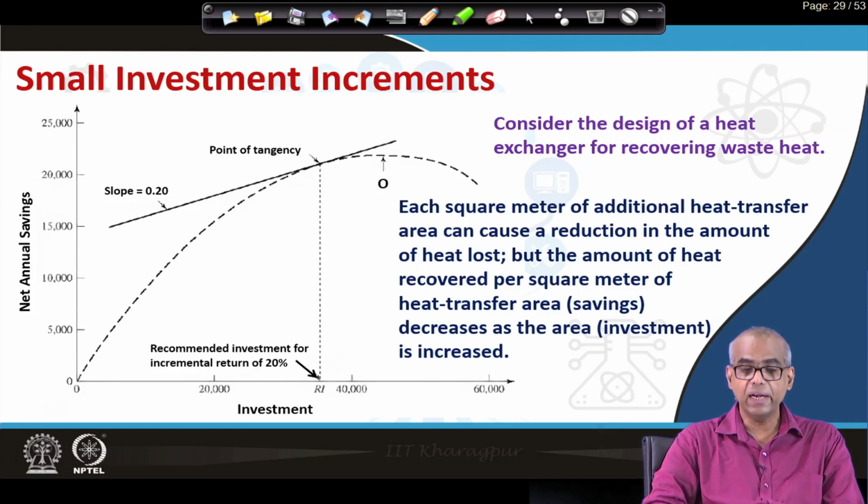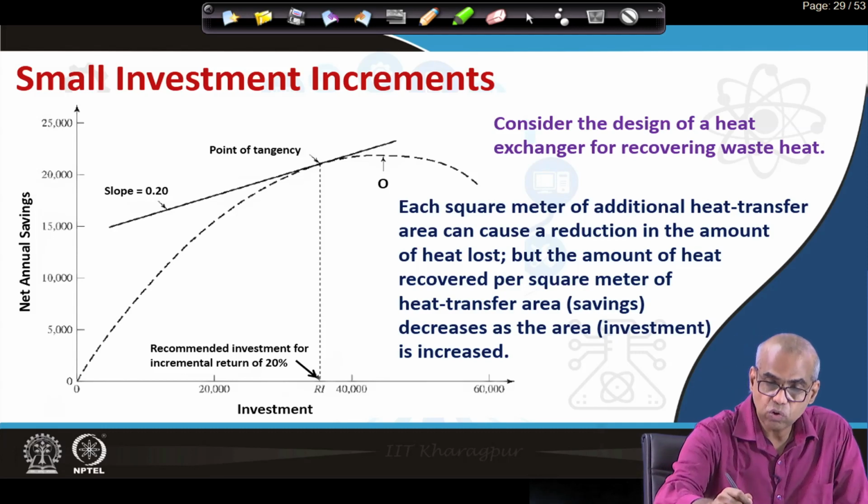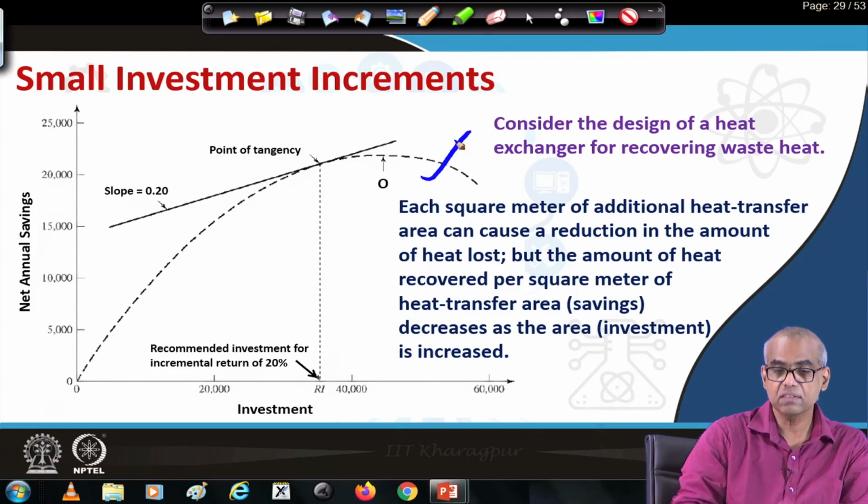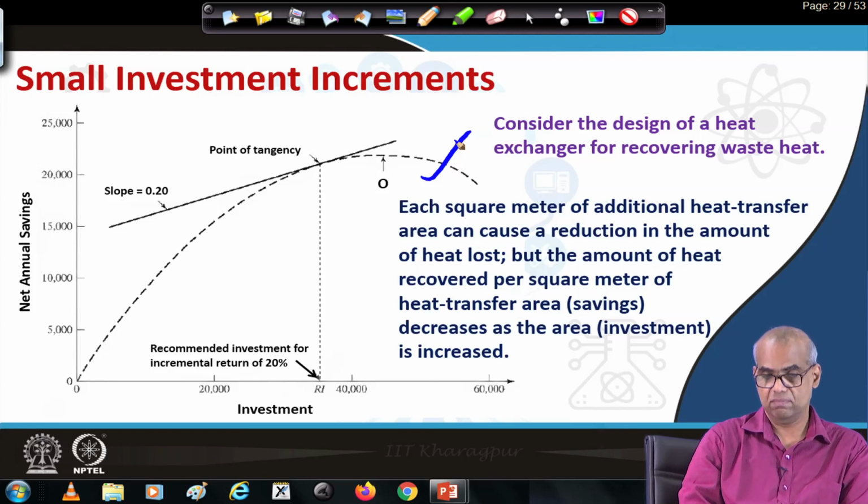As you go on adding heat transfer area, the heat loss decreases, you recover waste heat. But the amount of heat recovered per square meter of heat transfer area will decrease as the area increases. So, if we plot net annual savings versus investment, the plot will look as shown in the figure. It will first increase, then saturate and then decrease.